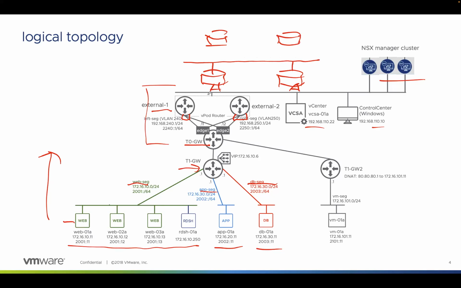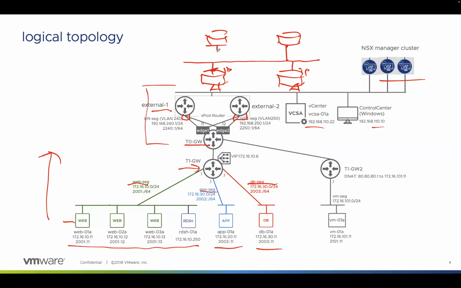So for T0, from the HA perspective, we have this IP on the same subnet, and it goes to this interface.